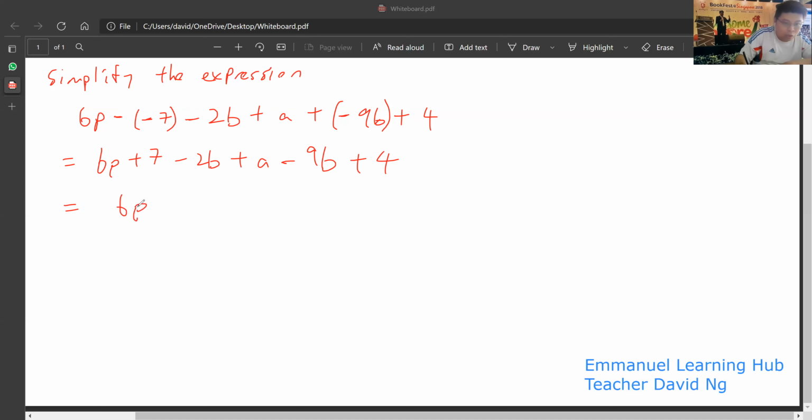So 6p stays. 7 plus 4, 11. Minus 2b, minus 9b, minus 11b, plus a. Simplify. Any question? No. These are all very easy stuff.